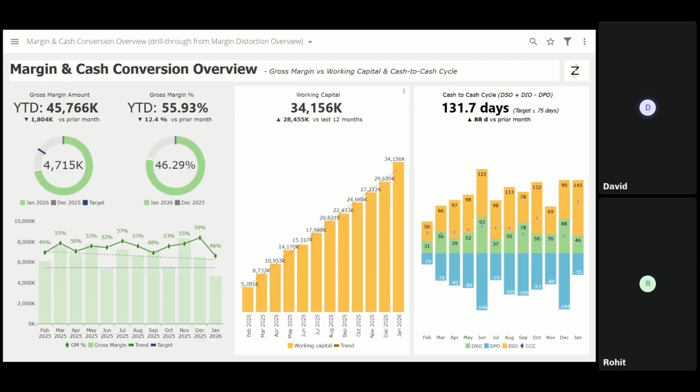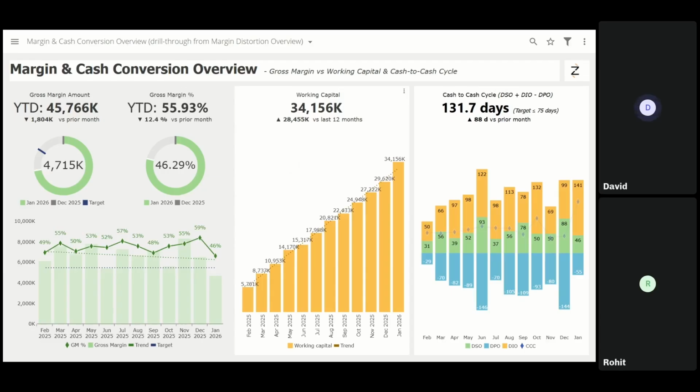It can show that the collections are actually slower. It can show that the inventory is staying longer, or we are overbuying, we have overstock, right? Or it might be that we have a funding problem, that we are paying our suppliers faster, and that's the reason why the working capital is increasing.